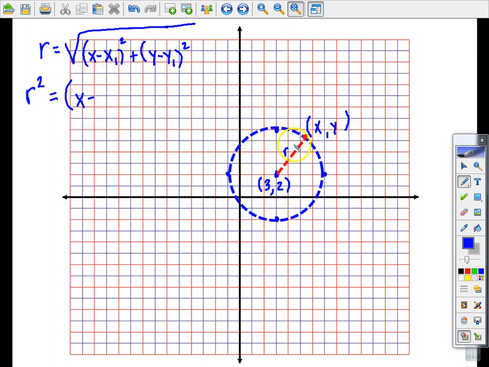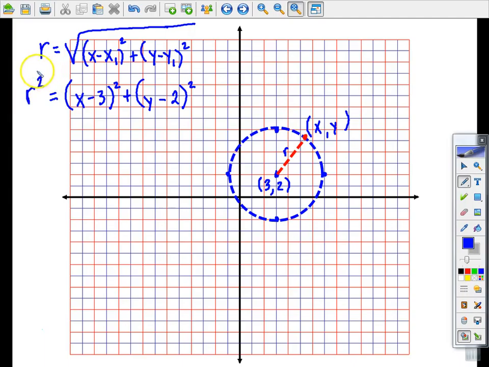And then I'm going to use actual numbers from this just as an illustration. I'm going to do x minus the x coordinate of this center, which is 3, squared. And then I'm going to do y minus the y coordinate of this center squared. And what we have here is actually the form.